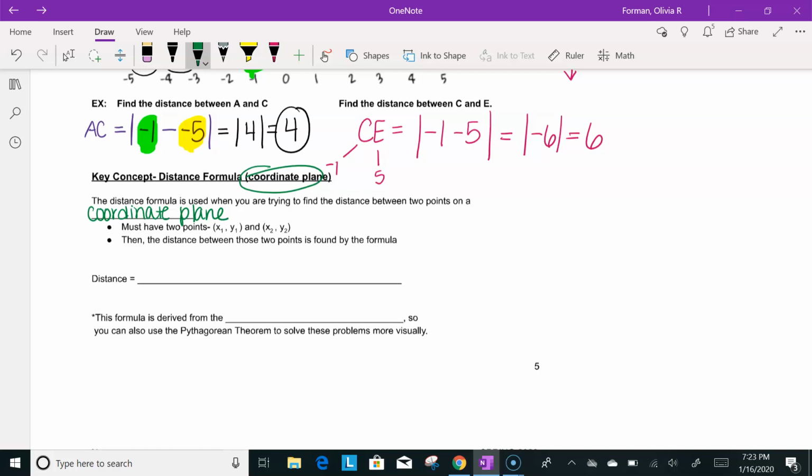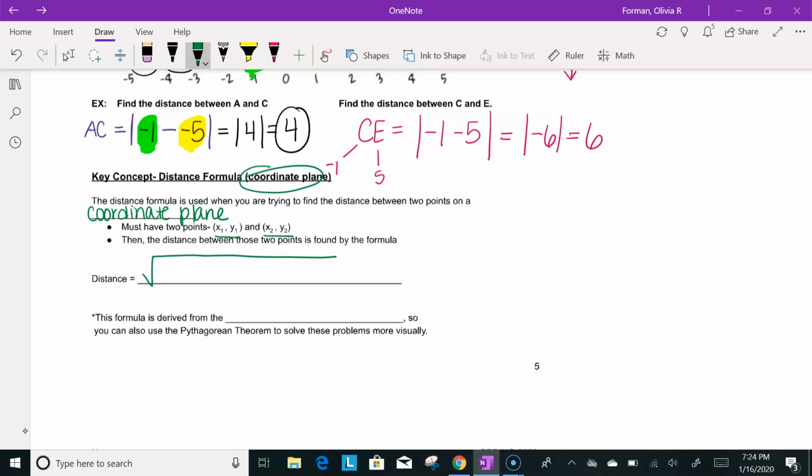It says the distance is used in a coordinate plane. You have to have 2 points. We call those points x1, y1 and x2, y2. Then you can find the distance between the 2 points by using the formula that looks like this.